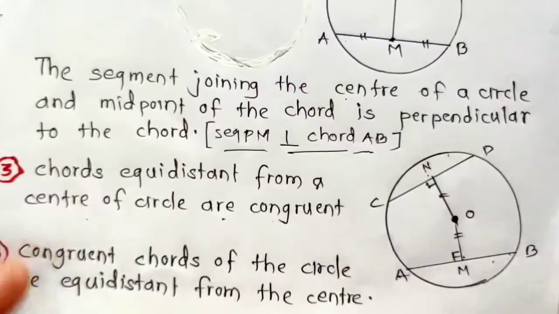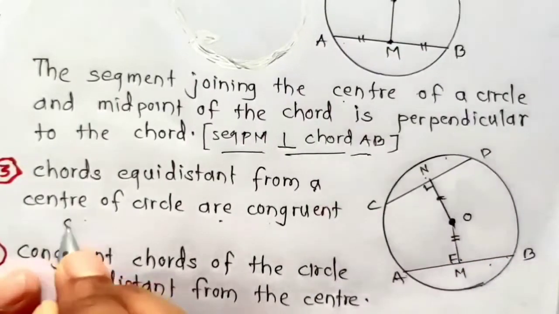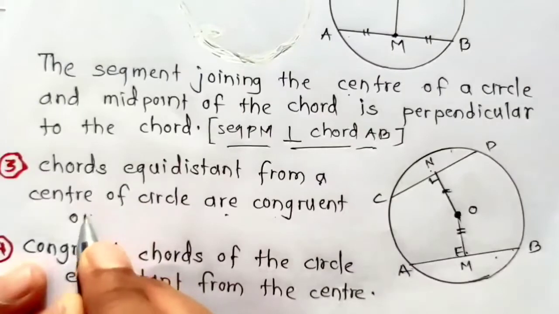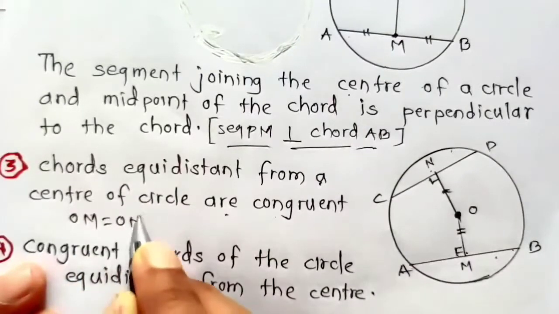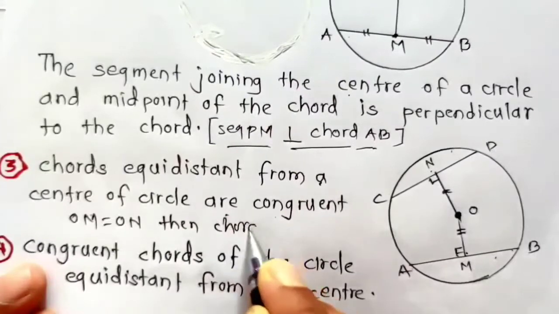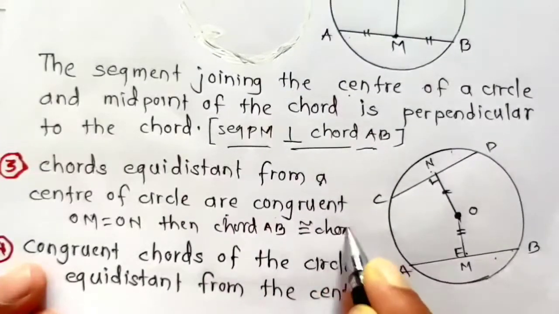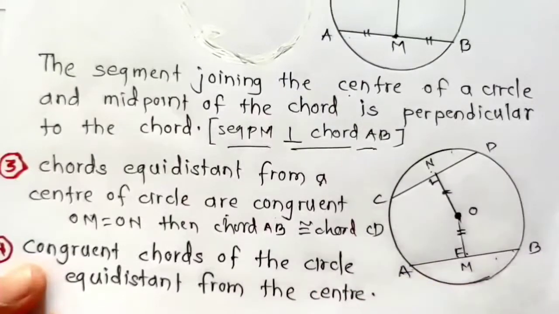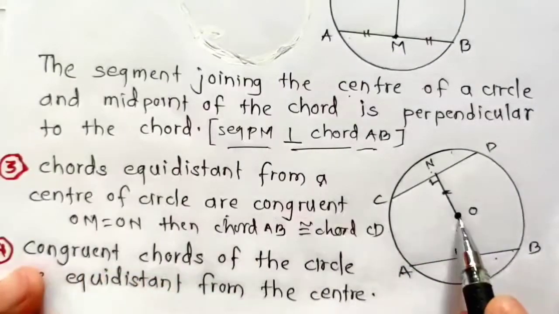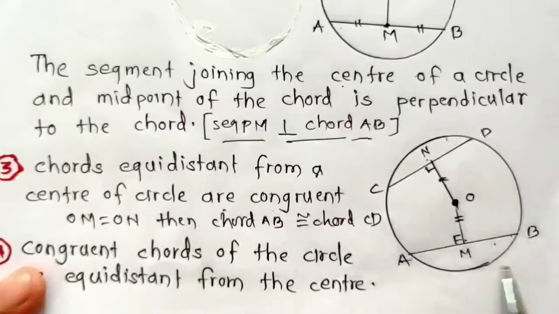Now if these two distances are equal, OM is equal to ON, then what can we write? Chord AB is congruent to chord CD. That means the chords which are at an equal distance from the center are congruent.